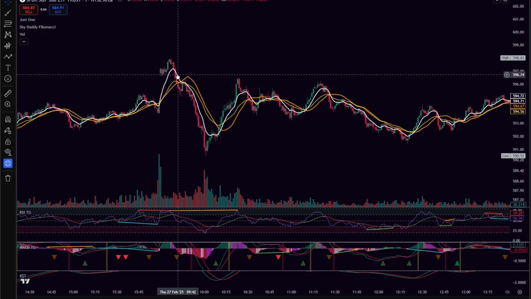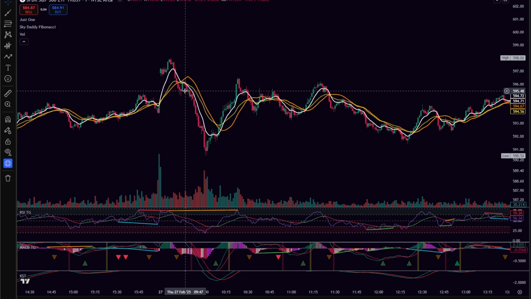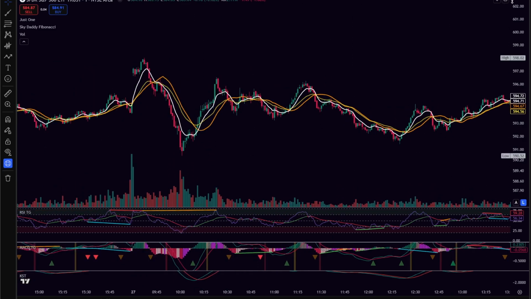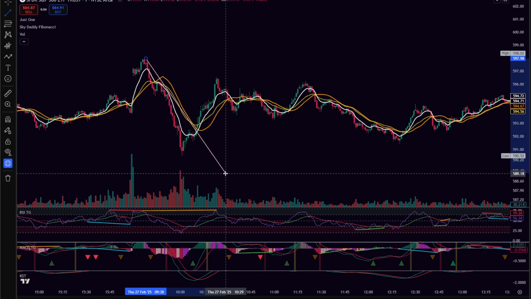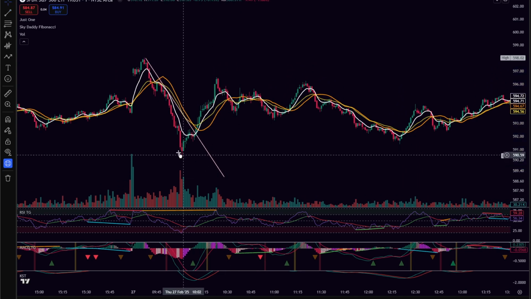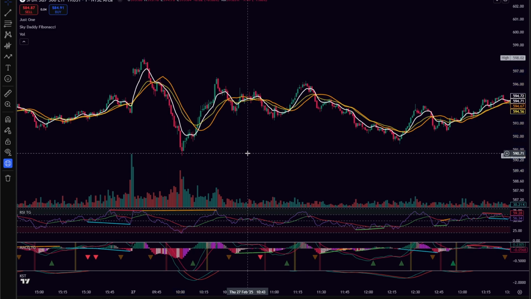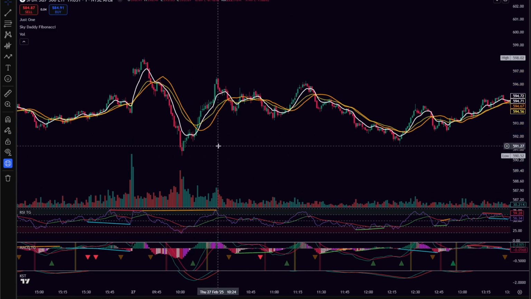We had that nice cross here, but one of my rules now is I just like waiting the first half hour. I like waiting for something to develop, and we had it develop within the first half hour. We had this trend line here. So if I just waited the first half hour, I could have played this, and I did play this actually. So I like waiting the first half hour, and then Jackie's hourly rule is also simple: the high and the low of the first hour.